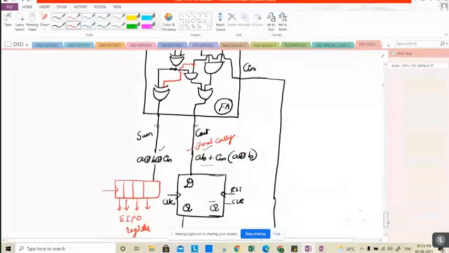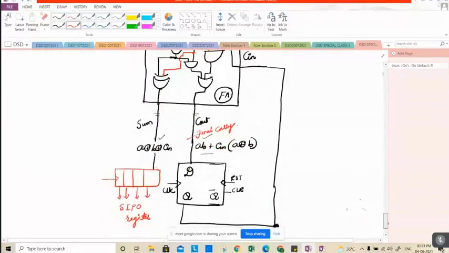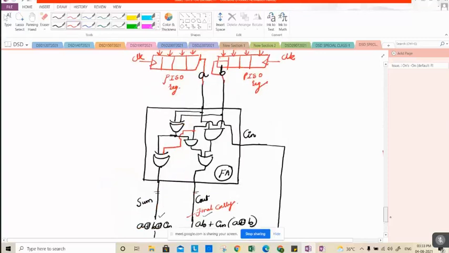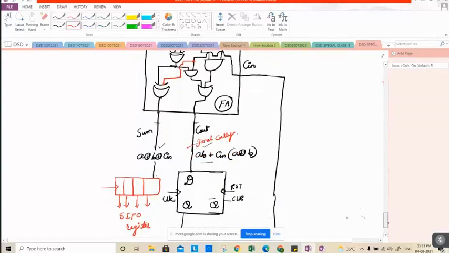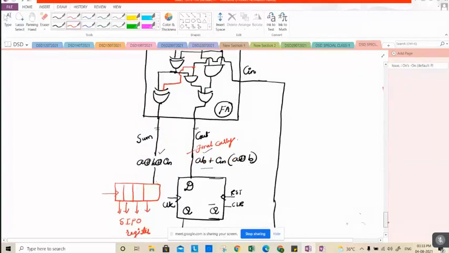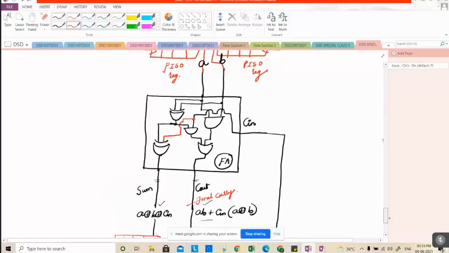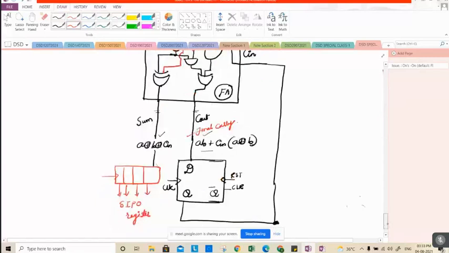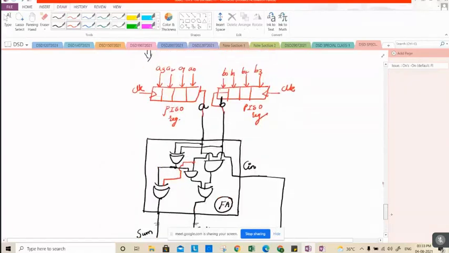Yes sir, if we use the clock, I will synchronize all the clocks of the D flip-flop, the serial in parallel out register, and the parallel in serial out register. I will set all the clocks properly and arrange the delays. Assuming that all the timing constraints are taken into consideration properly, can I use this as an adder?